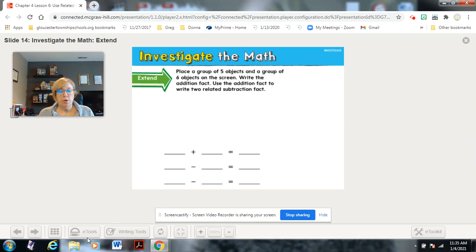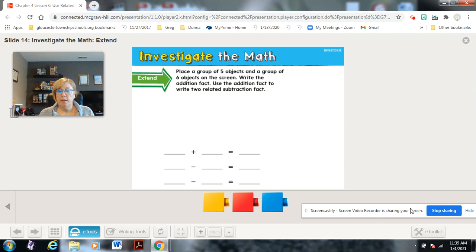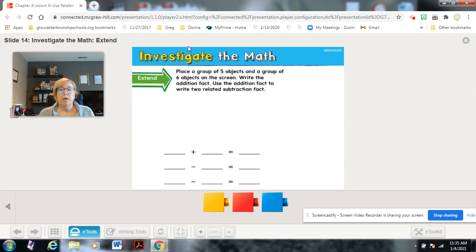So here are my, let's move this out of the way. All right, so group of 5 objects. 1, move it up here, 2, 3, 4, 5. Look how I did that. I don't cover up the writing.